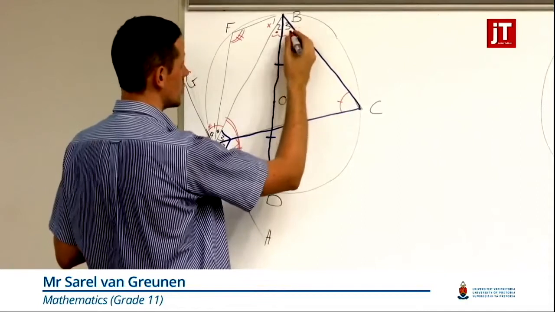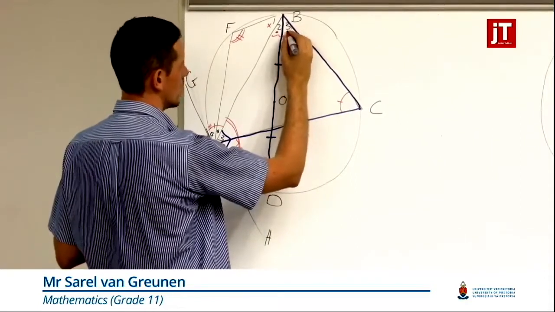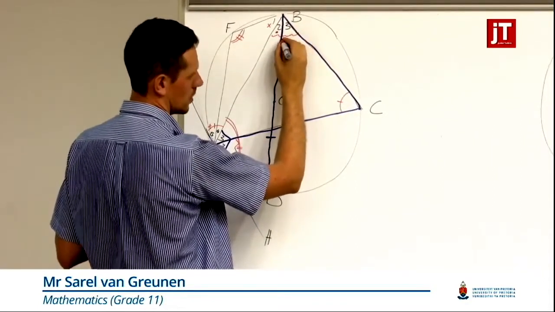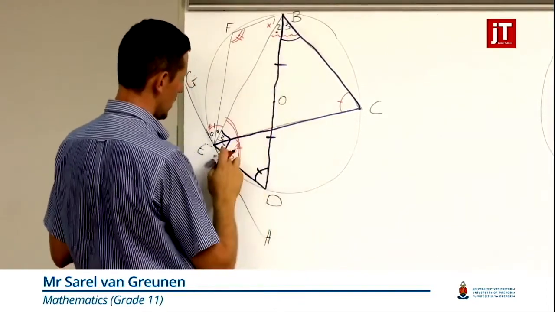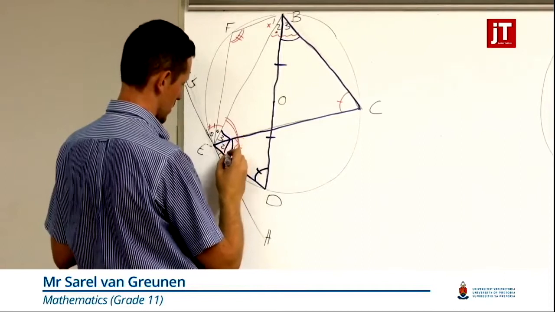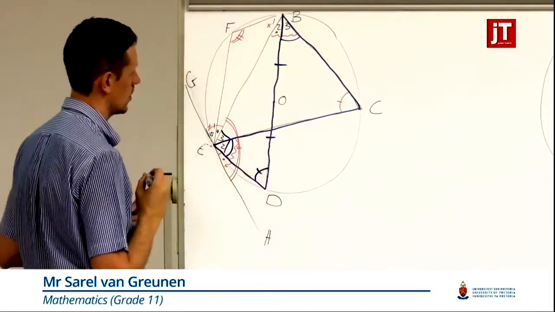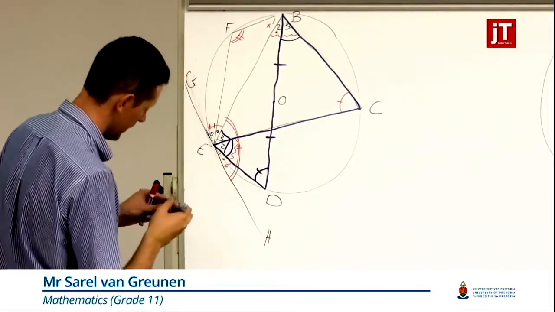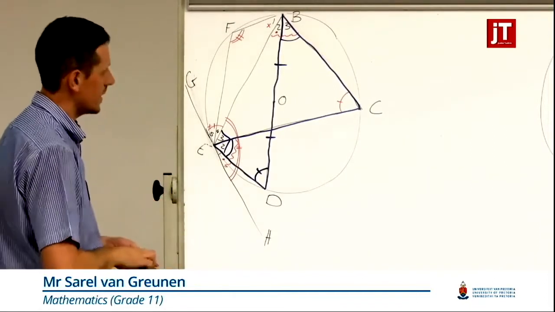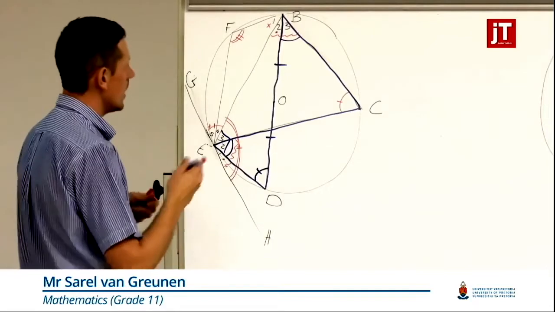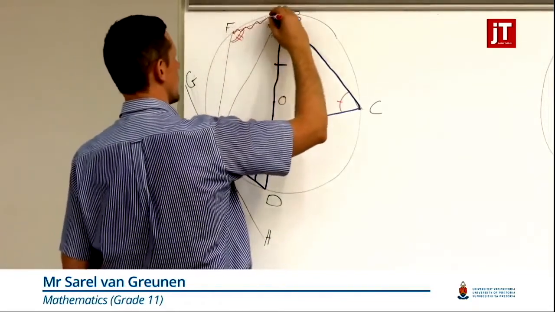It means as well, what can I make this? Just single line. That one is equal to that one. Okay? Now furthermore, I can go and say, okay, I might have a cyclic quad there.